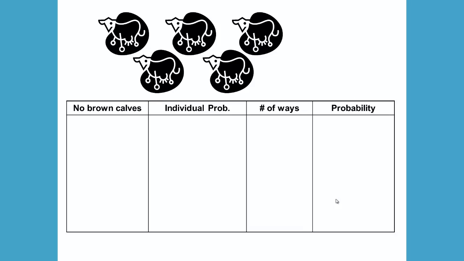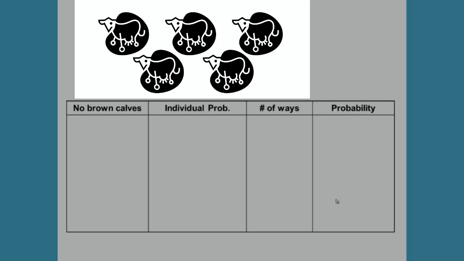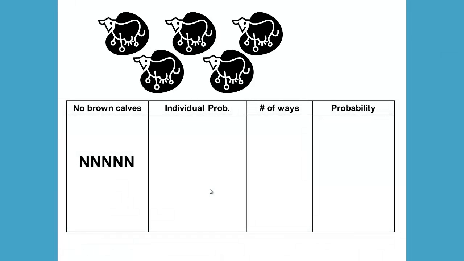So our scenario has us looking at 5 cows or calves at a time. We want to look at the possibility first of having no brown calves. That would be N for not brown, N, N, N, N, or 5 N's. What is the probability of that happening? Or better yet, how do we figure out this individual probability?